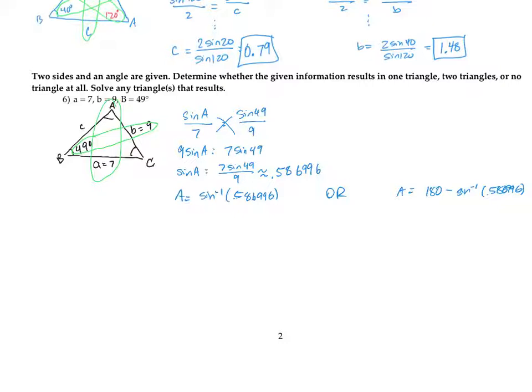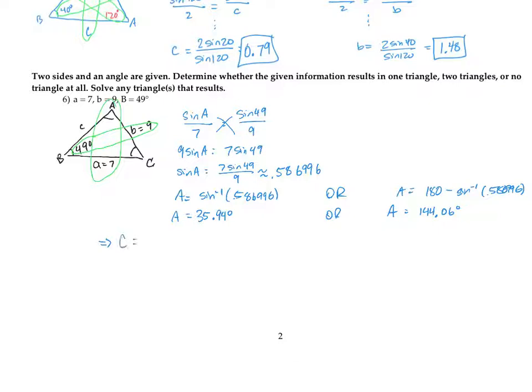The sine inverse of that number gives me 35.94 degrees. Or A could be 180 minus that, which is 144.06 degrees.